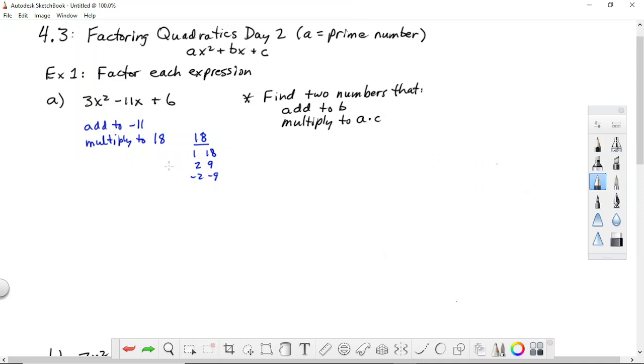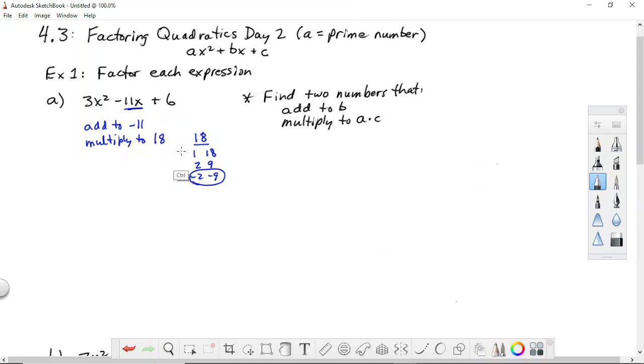So that's the numbers that we'll use. We found them. So this method is sometimes called the AC method, because you have that product a times c. It's also sometimes called split the middle, and you'll see why. We use these numbers, and we are going to express that middle term of negative 11x as negative 2x minus 9x.